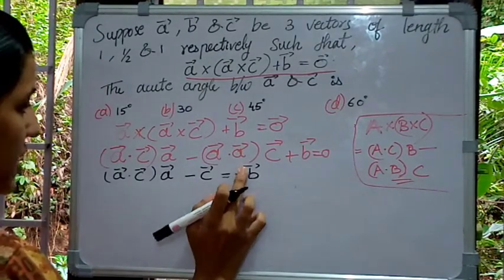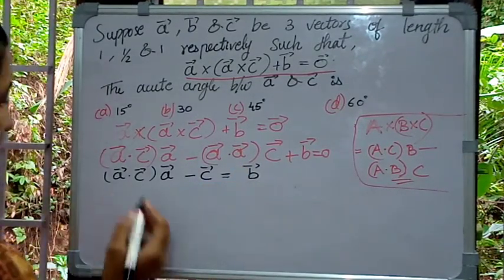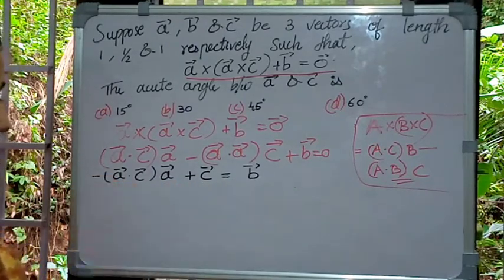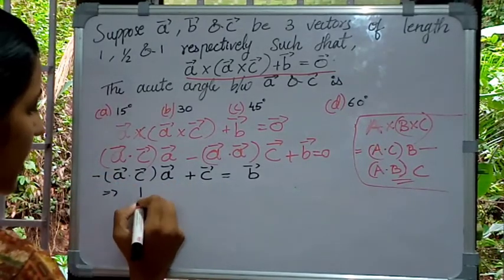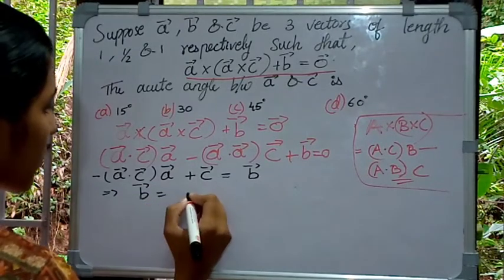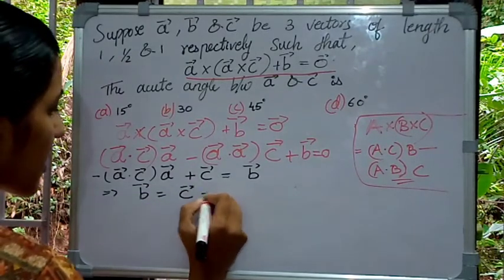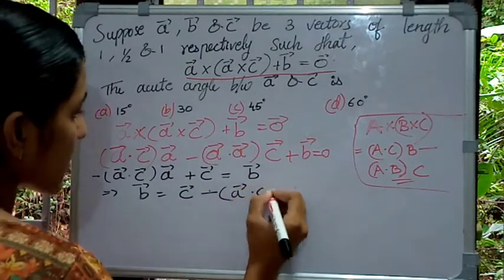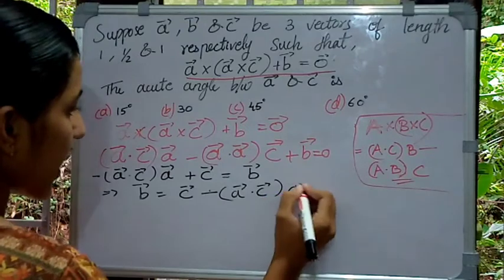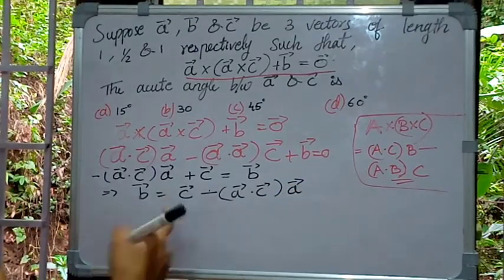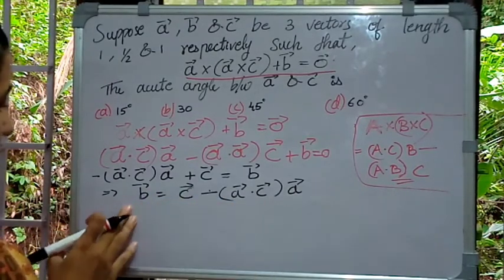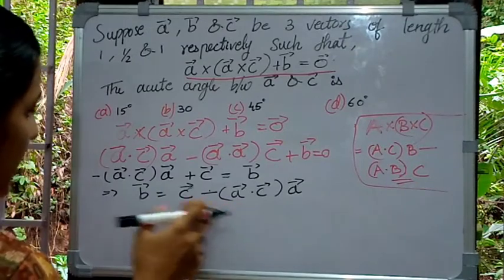Here I am taking this negative sign to the left hand side, thus we get here positive and here it is negative. So on rewriting it, we can write it as vector B equal to vector C minus (vector A dot vector C) into A. Here we need to square both these terms in the left hand as well as right side of the equal to.